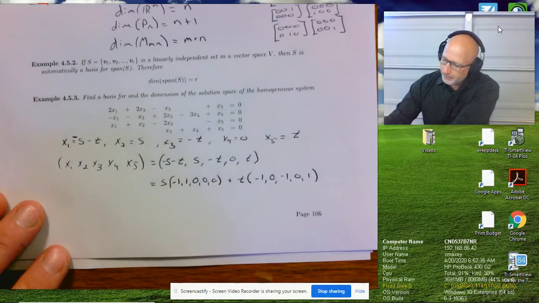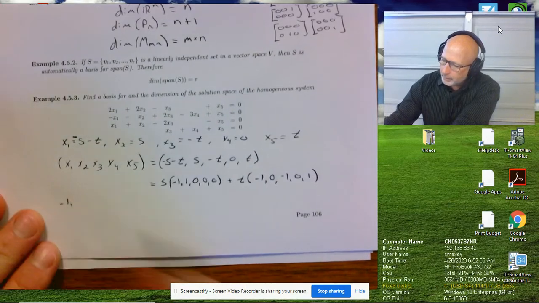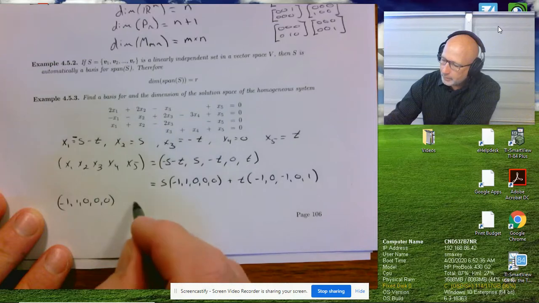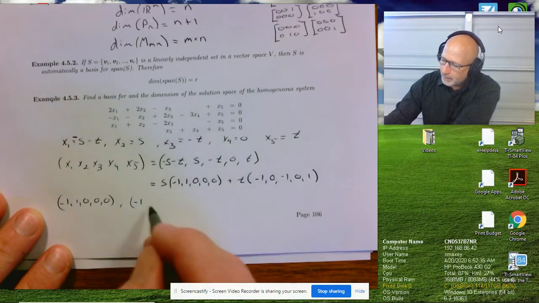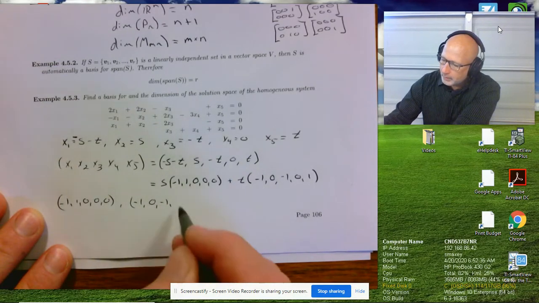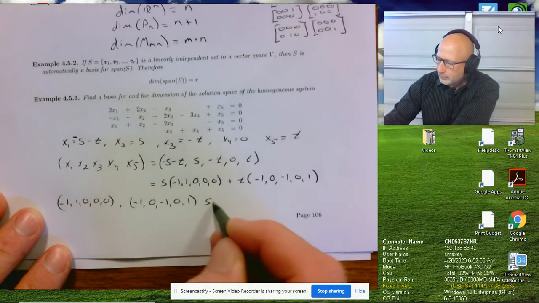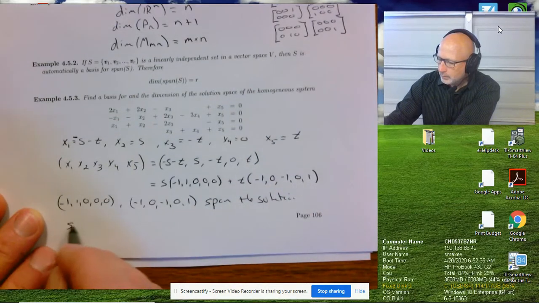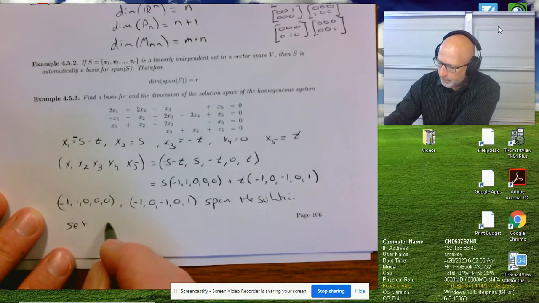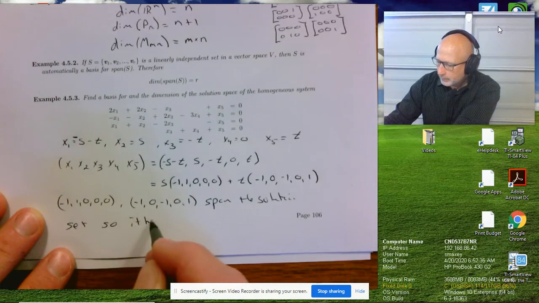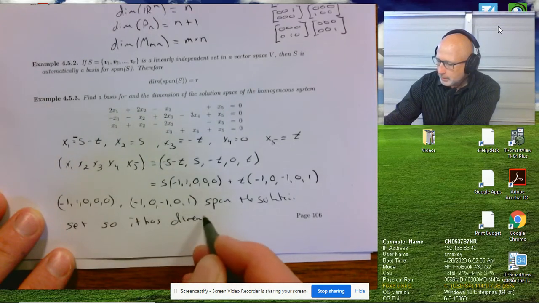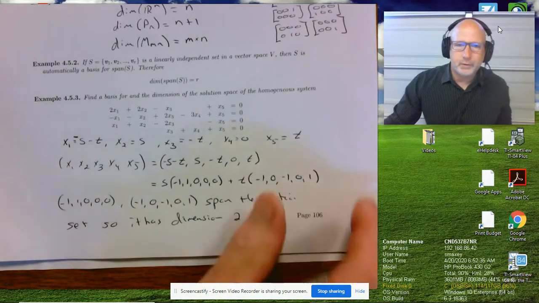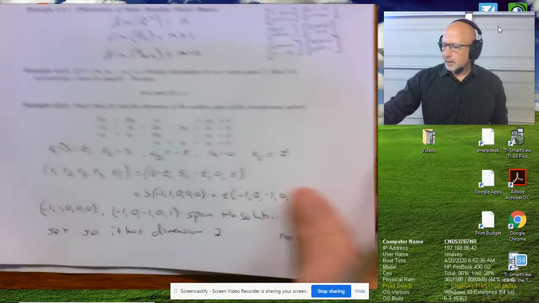Okay, so negative 1, 1, 0, 0, 0, and the vector negative 1, 0, negative 1, 0, 1 span the solution set. So it has dimension 2. Okay, because it's able to be created off of two different things. Okay, next page.